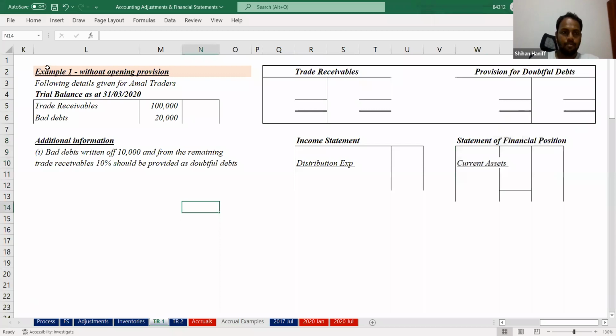Can you all do this? No need to write the question. I'll share the question in the group. Income statement means, yes, profit and loss.